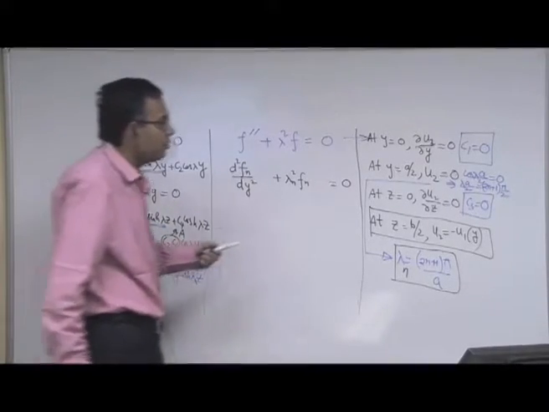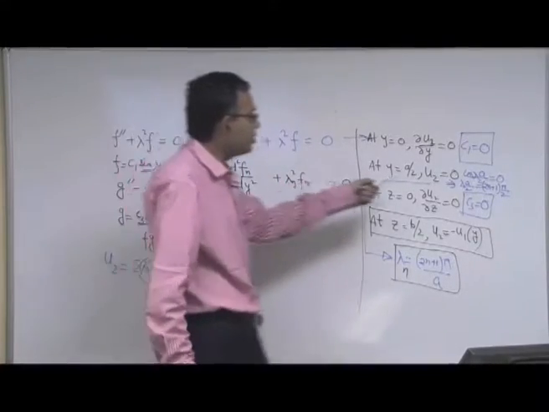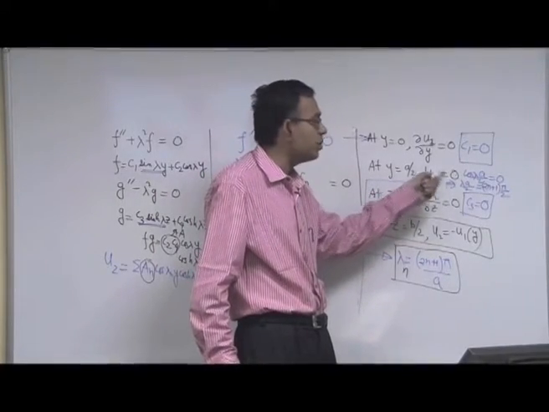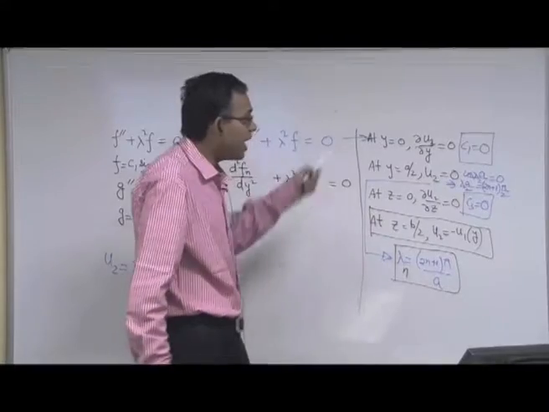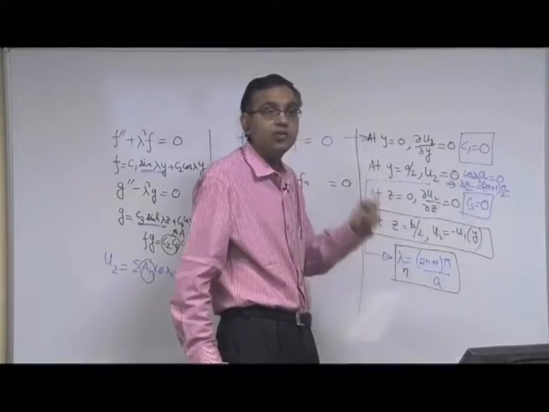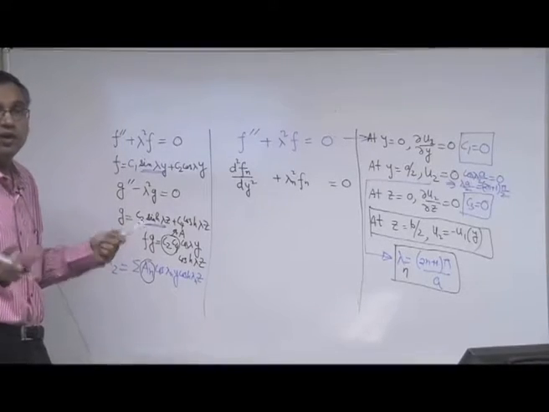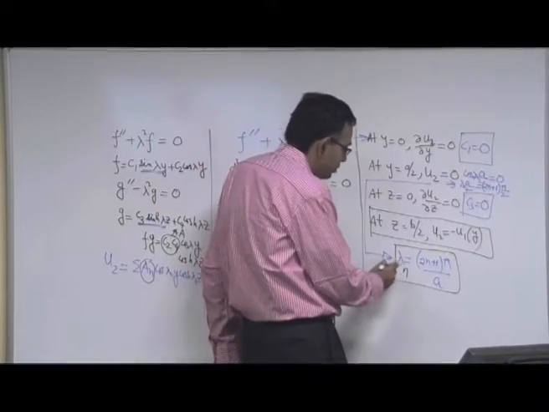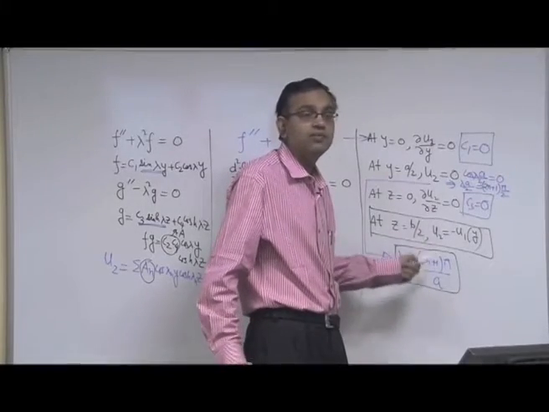That is why for using the boundary condition at y equal to a by 2, u2 equal to 0, we did not set capital A equal to 0, but cos lambda a by 2 equal to 0. If we had set capital A equal to 0, that could have satisfied this boundary condition, but that could have given rise to a trivial solution u2 equal to 0. We are interested in a non-trivial solution. So, these possible values of lambda n are the values which are giving rise to non-trivial solution of u2.